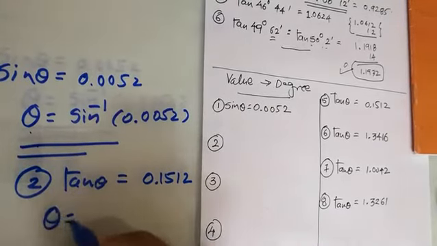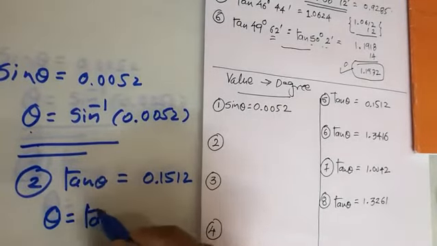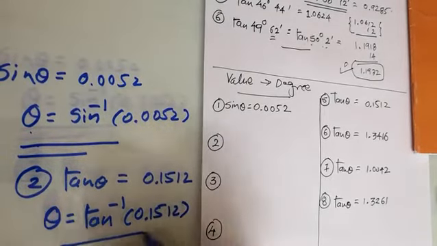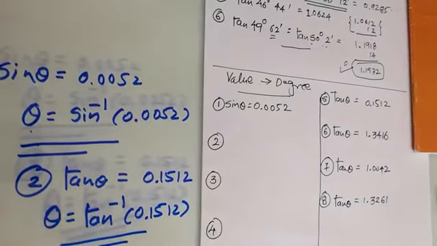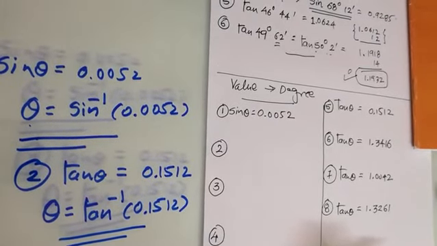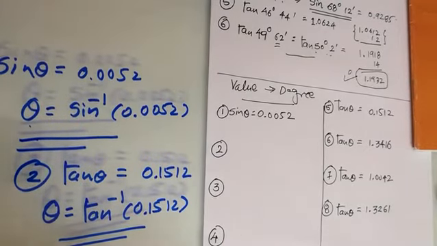If I want to mention only theta, I can directly say theta equals tan inverse 0.1512. This is also an acceptable manner, but for a very cautious and precise value, we will use our log table. So before going further, always keep one handy log table with you.